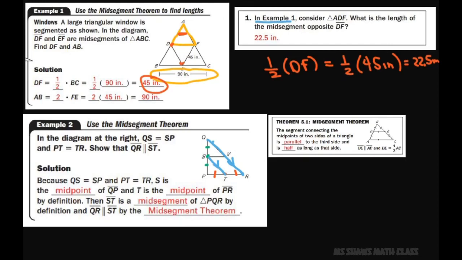So it says because they're equal, S is the midpoint. We already talked about that, and T is the midpoint. So we already got S and T are midpoints because it cuts the segment in half. Then ST must be a midsegment of triangle PQR.